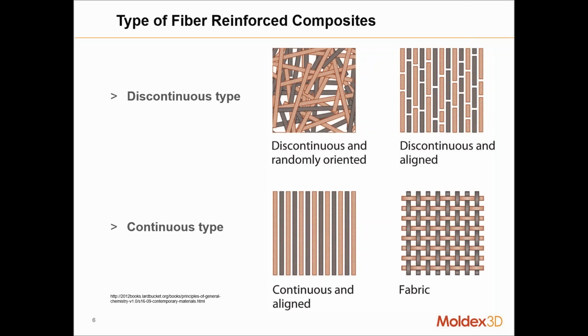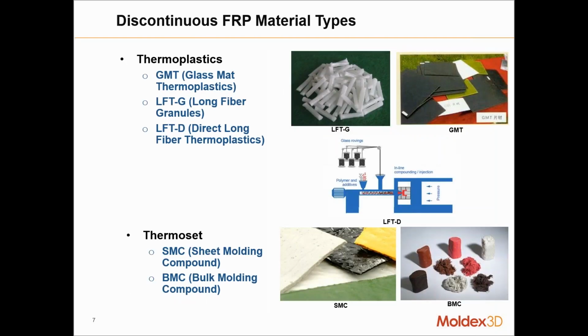Continuous types, we have, again, aligned and also, as mentioned, a fabric, your pre-preg. So some images of what the different types of material are. Again, your thermoplastics, you have your GMT, your LFT, and your LFTD, direct long fiber thermoplastic. For our thermoset, we have our sheet molding compound and our bulk molding compound, DMC.